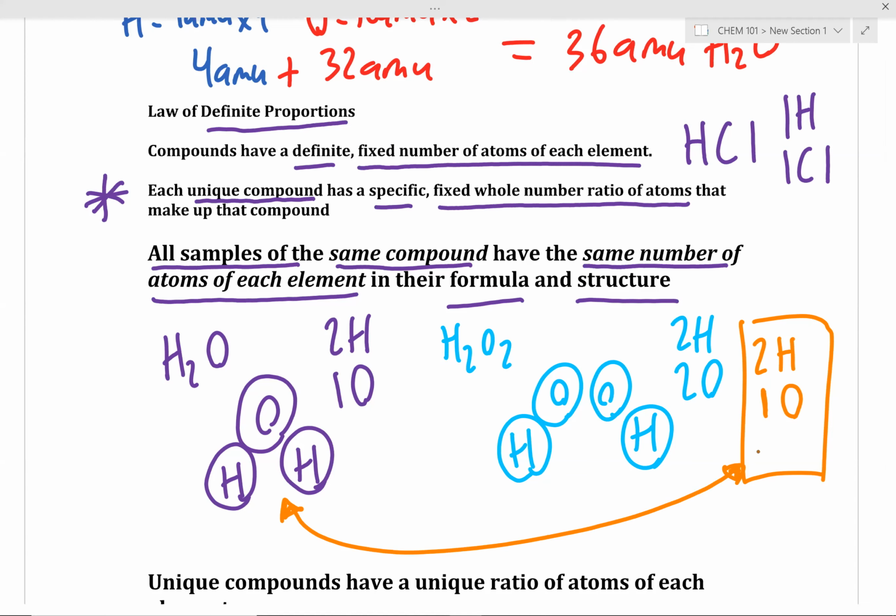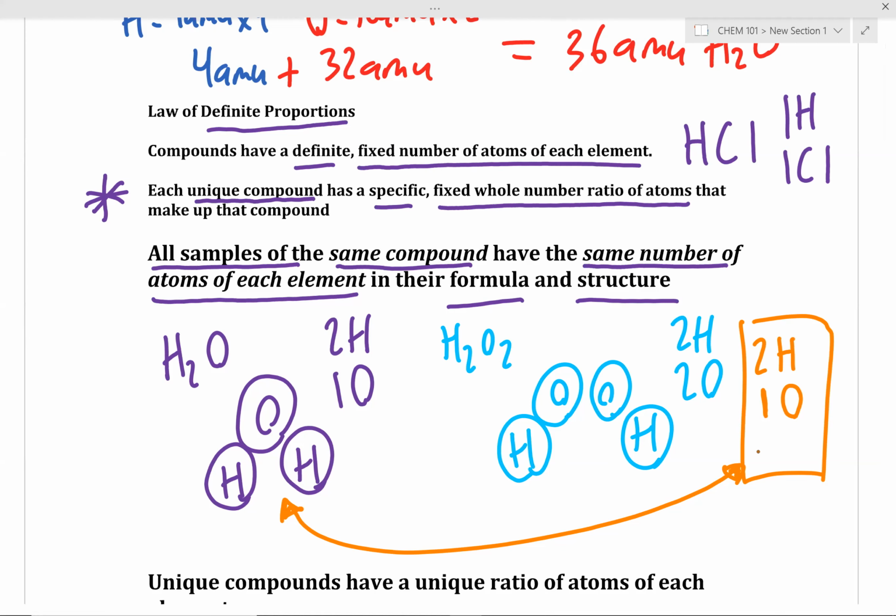So this is how we can identify unknown samples as a given compound. We look at the amount of each element in that compound, and then by comparison, we can say, oh, this unknown has the same ratio of atoms of each element, the same mass ratio of each element.